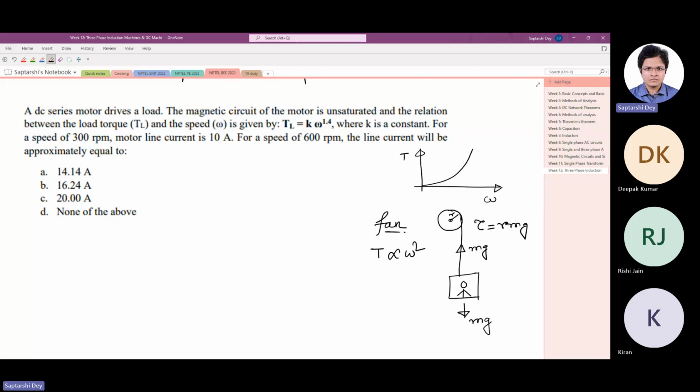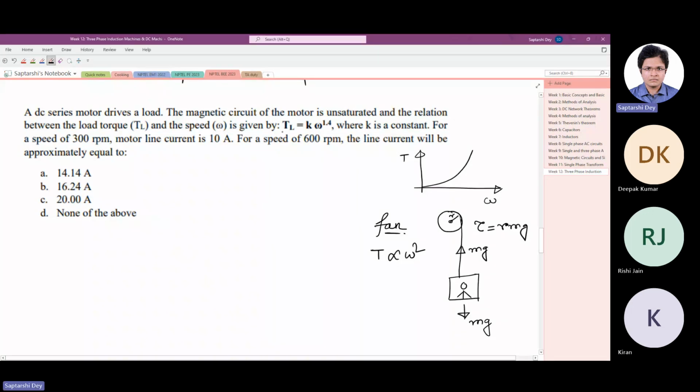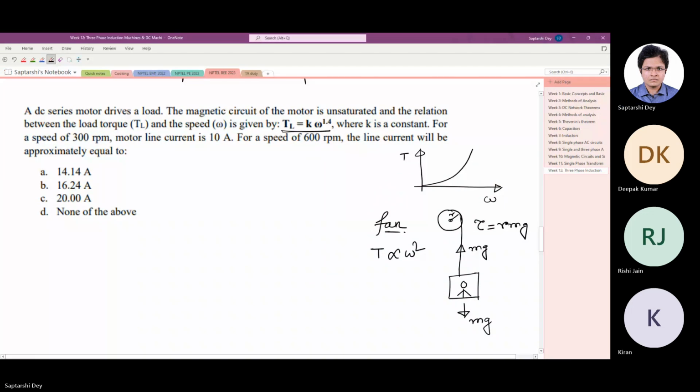So that relation is given here. The mechanical engineers or whoever have done experiments and found that the torque and the speed are related by this equation. Now a DC series motor is used to run this load. At a speed of 300 rpm, the motor line current was 10 ampere.